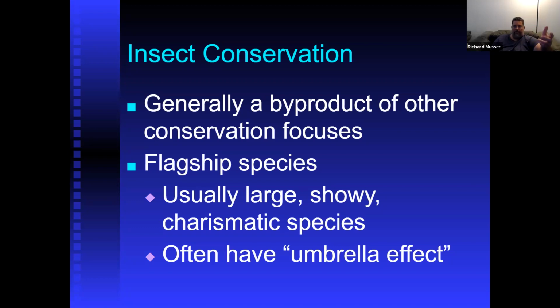I don't know how big of a movement insect conservation is, but it's something that usually tends to be a byproduct of these flagship species, if that makes sense. And then it has that umbrella effect where it helps protect other species.